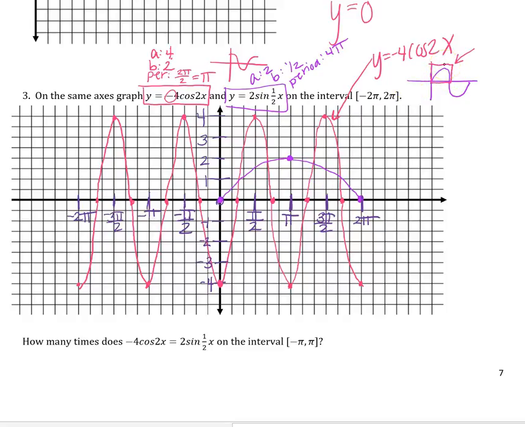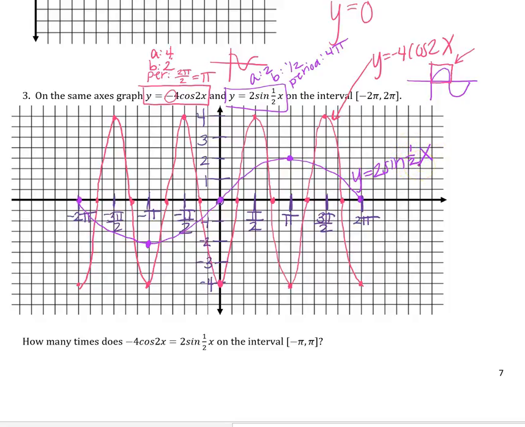Then I've got to do the same thing in the other direction. At negative pi, I'm going to be at negative 2. And then I'm finishing at 0 at negative 2 pi. Okay, so label it y equals 2 sine 1/2 x.